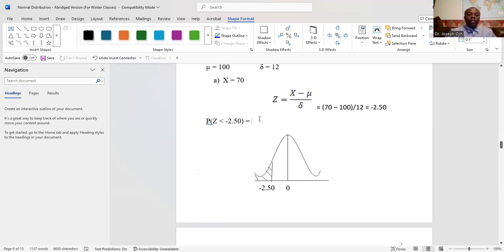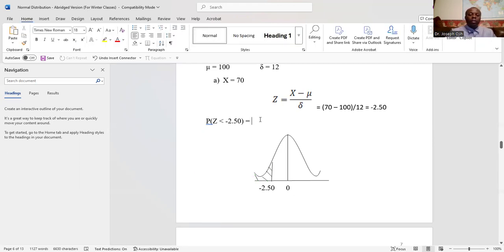So now, the probability of z less than negative 2.50. Now is the time you go to the procedure chart to look for the chart that looks exactly like this one and follow the direction from there. Let me say one more time: the table you see in your homework in MyMathLab is a cumulative table.